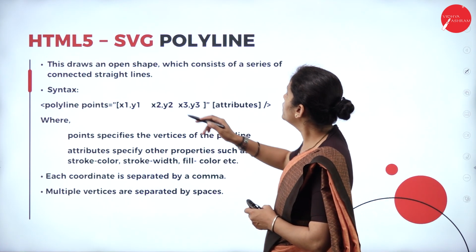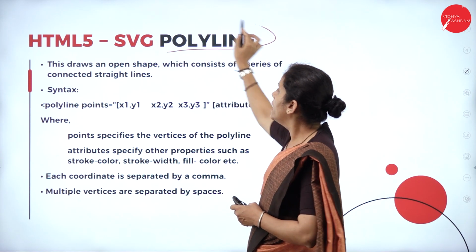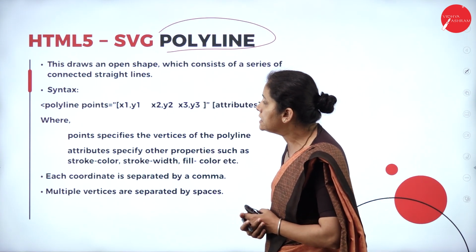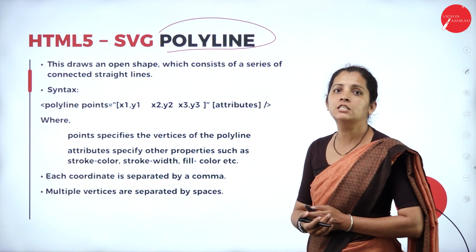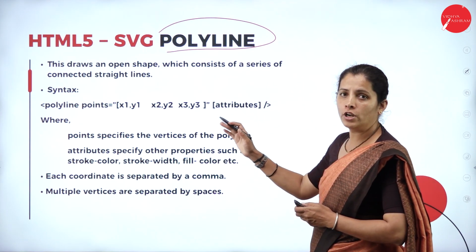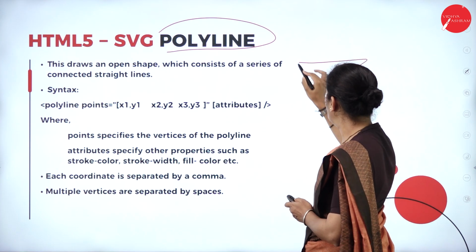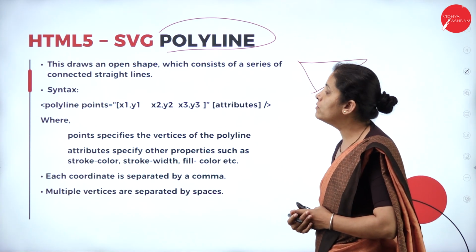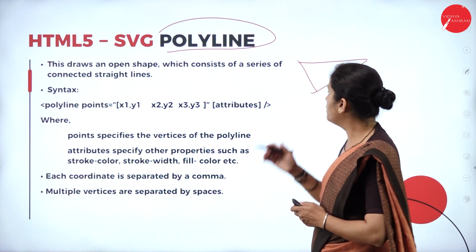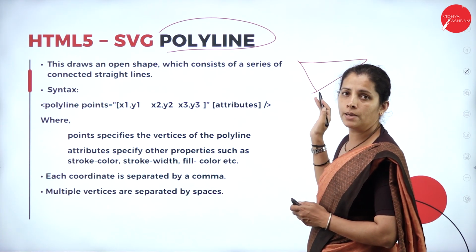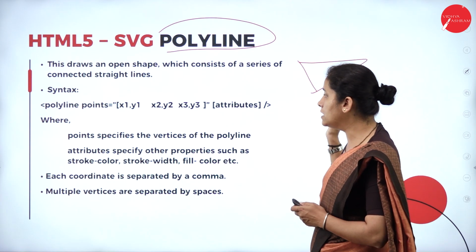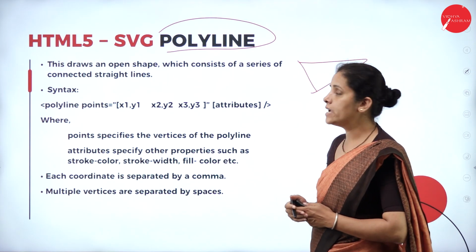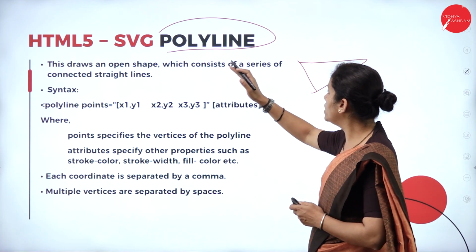Fine. I'm going to have one more element called polyline. This draws an open shape. If I want to draw a closed shape, I'll go with the polygon. If I want to draw an open shape, then I'll go with the polyline.